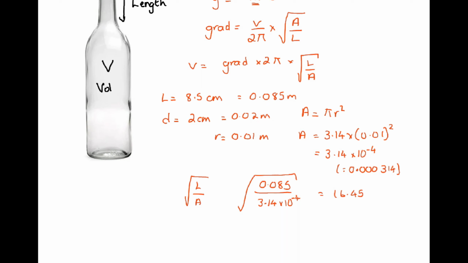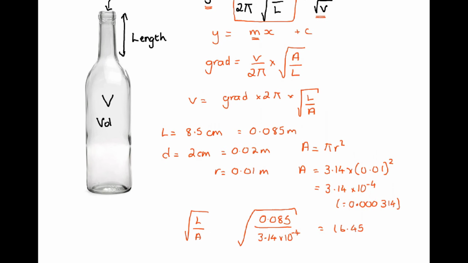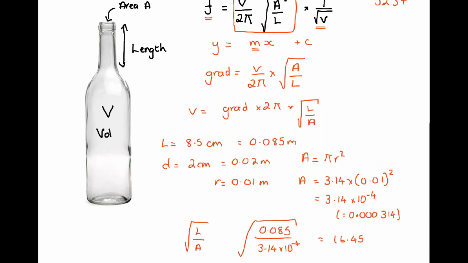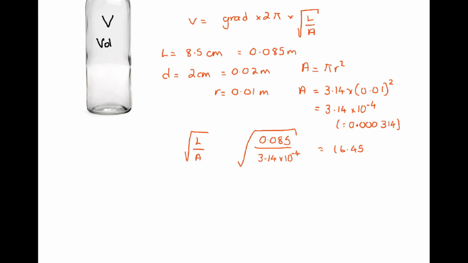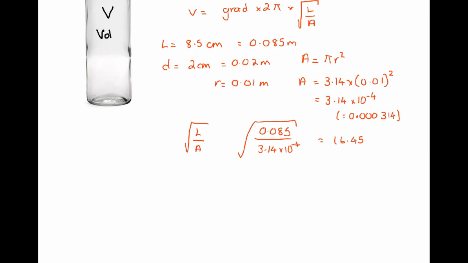Now, there's one last thing we're going to have to do before we put all of this together, and that's to make an adjustment to our gradient, because everything in this equation is meant to be in meters. And my volume on my graph was measured in milliliters or centimeters cubed, not meters cubed. Now, there are 1 million centimeters cubed in a meter cubed.